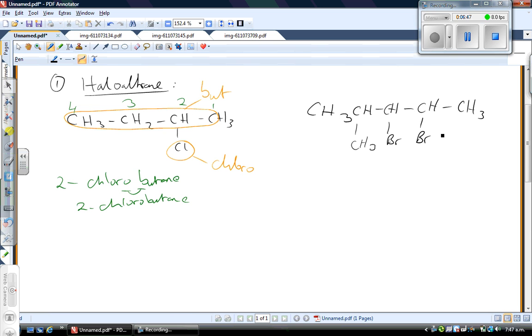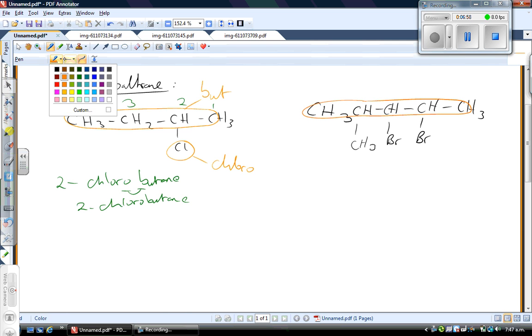So the first thing again is to identify the longest carbon chain. So we get my orange out again. The longest carbon chain here is this one. Just to show you, you could have also identified this as the longest carbon chain, because in either case you have 1, 2, 3, 4, 5 carbons, but it would have the exact same name. So I'm sticking with orange, and I'm going to number that with the lowest numbers possible.